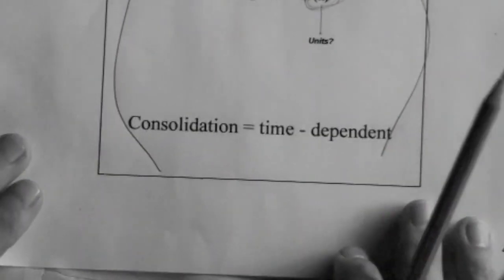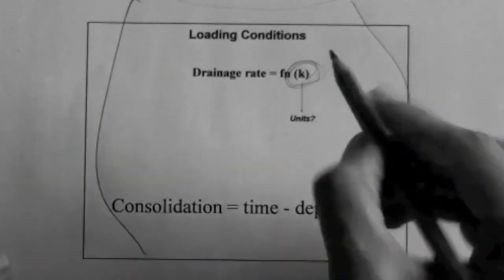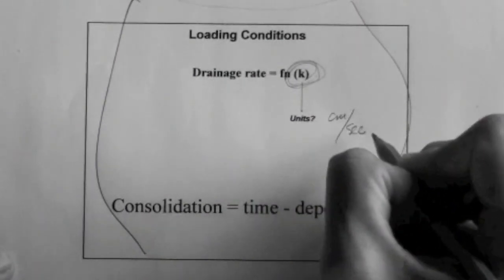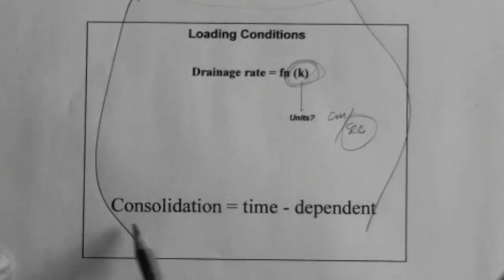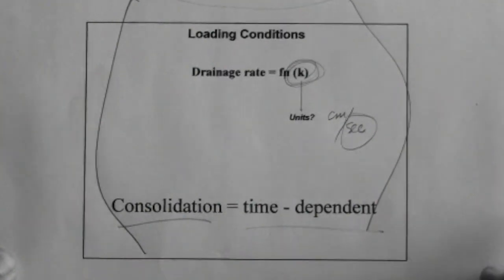So because the consolidation process is a function of K, and K has units of centimeters per second, and this is time, then we know that consolidation is time dependent, and we already mentioned this, right? UE becomes zero, etc. Consolidation takes time to occur.